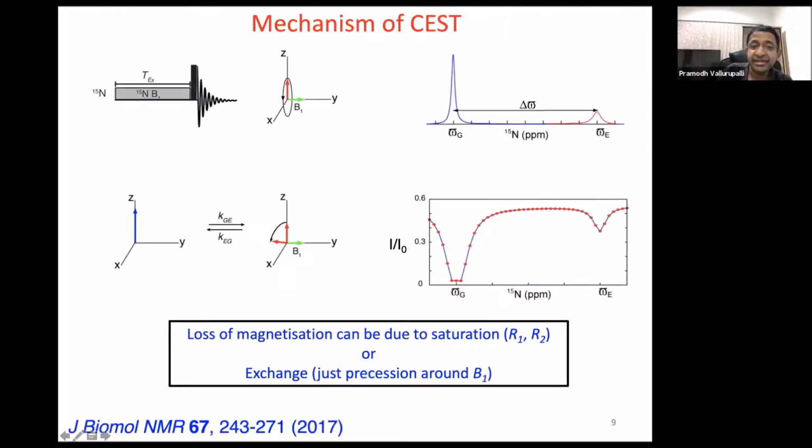Okay, so let's see what the chemical exchange saturation transfer experiment is. Here we start with magnetization along the Z-axis and apply a weak B1 field for several hundred milliseconds, and then see how much of the magnetization remains along the Z-axis. We do this at various offsets. Suppose we apply radiation somewhere here, which is far away from both the major and minor state resonances.